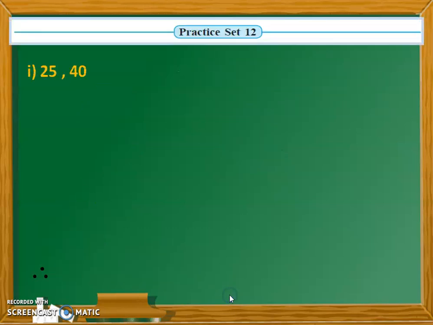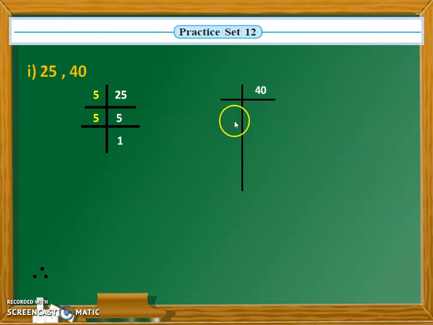Let's start with practice set 12. First question. Again the same. We are going to first find the prime factors using the repetitive division method with the divisibility rule. The same for 40. We are going to make the vertical arrangement and start dividing using the divisibility rule.